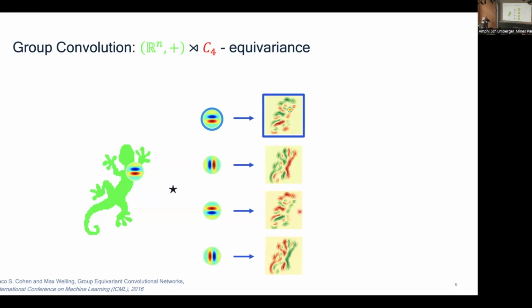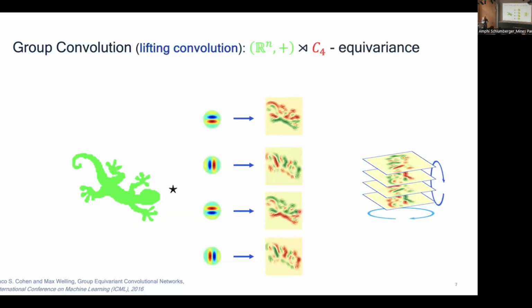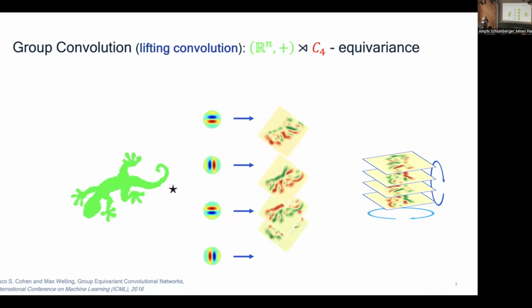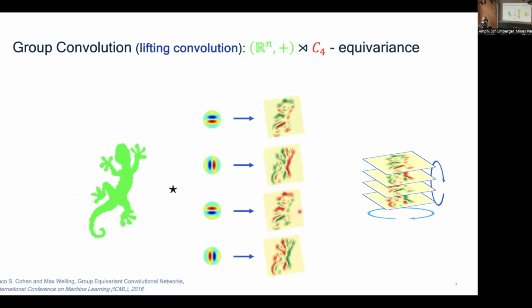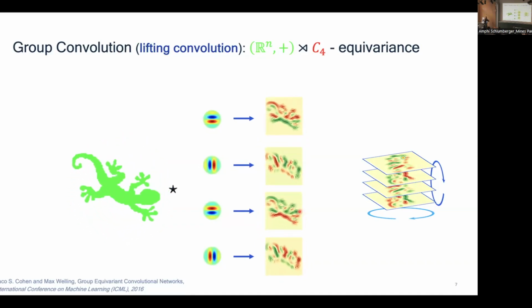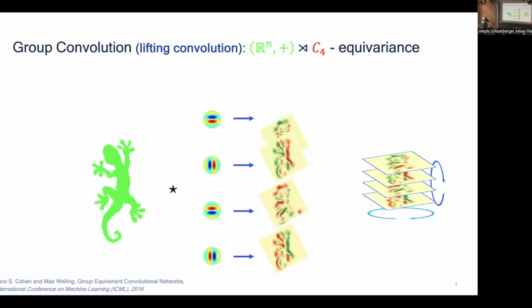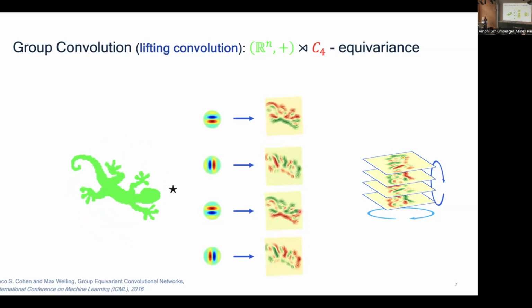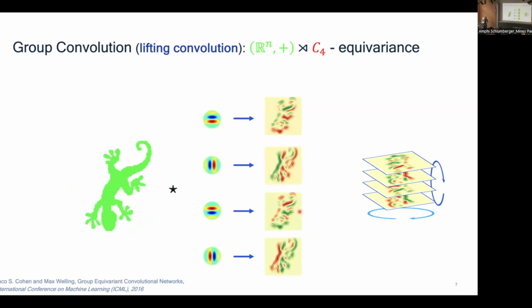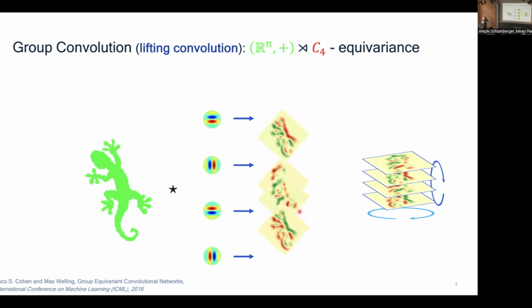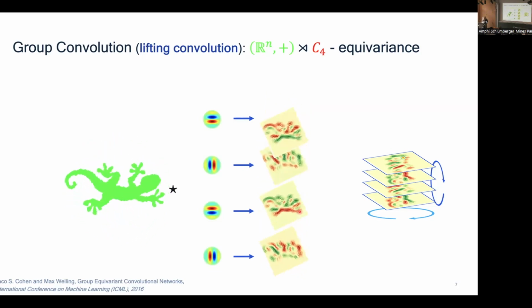I'm not going to spend too many slides on group convolution. That's just to get to steerable CNNs. But the result is that this is equivariant because the 4-channel output contains an activation for every type of rotation and translation. So when the input rotates, no information is lost in the output, but all these activations just permute and move around in the output features.